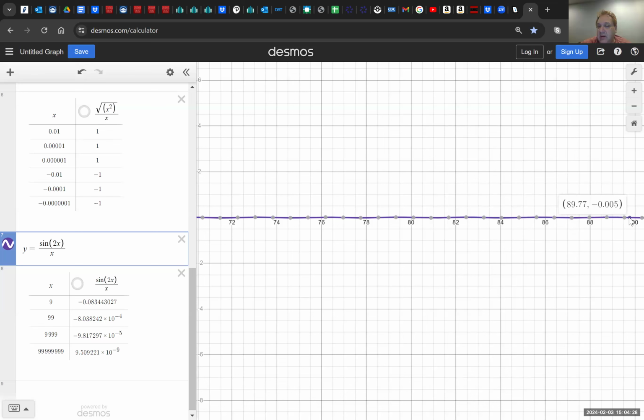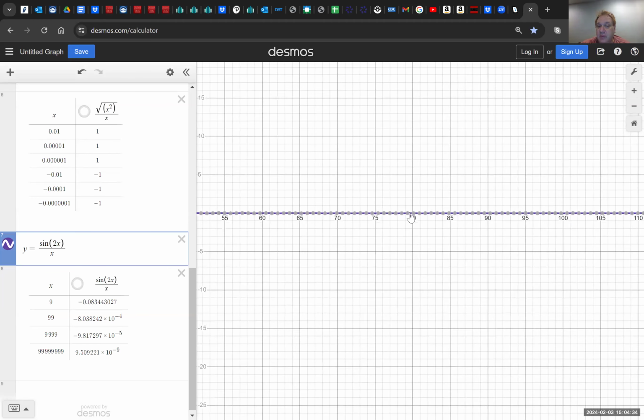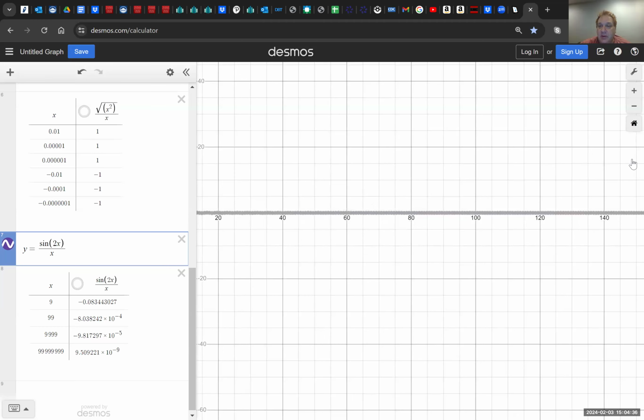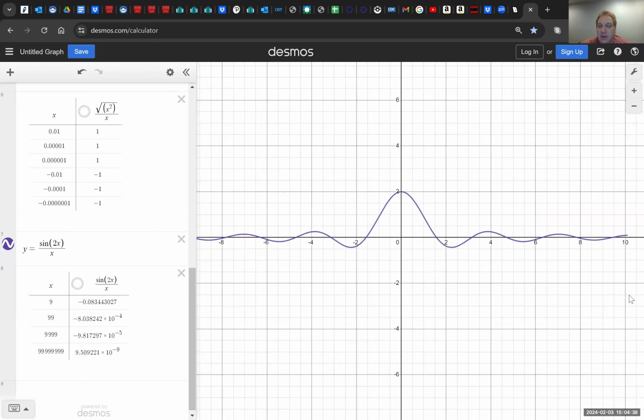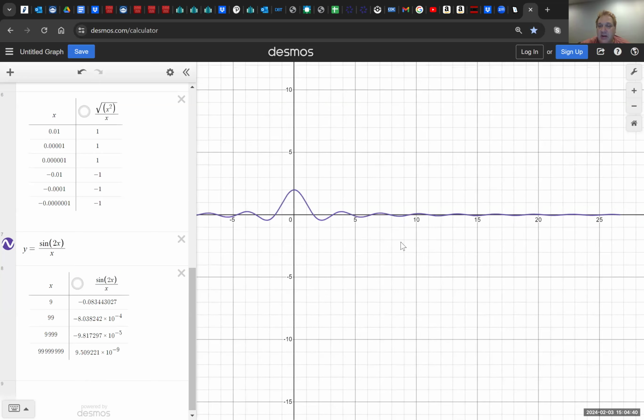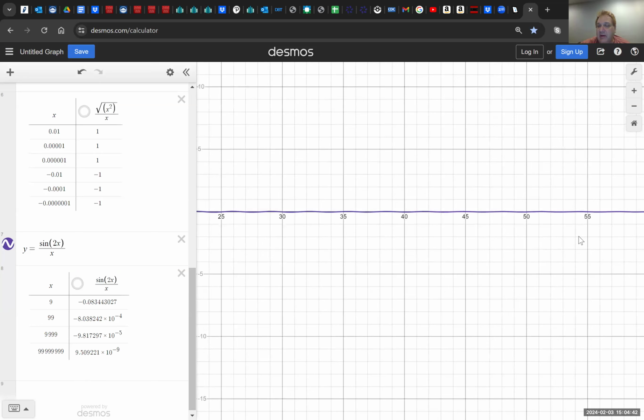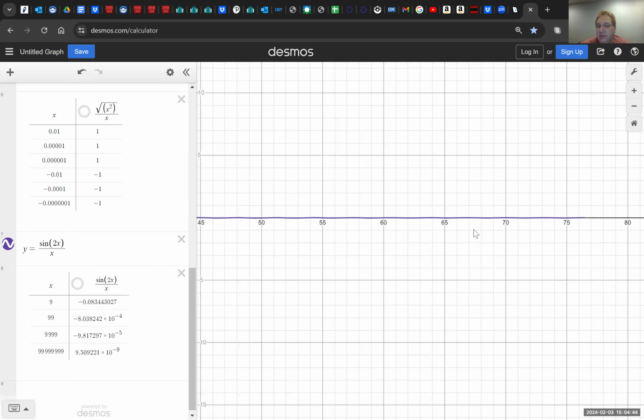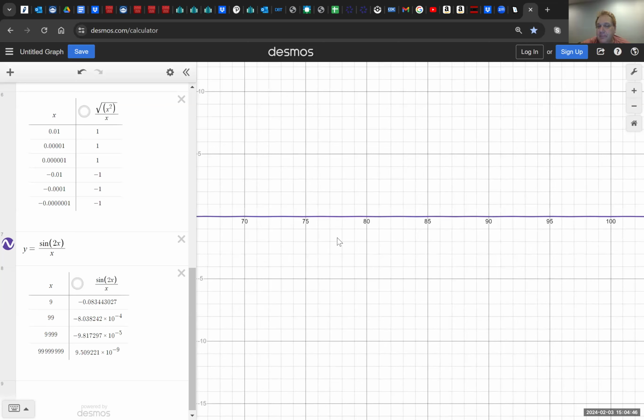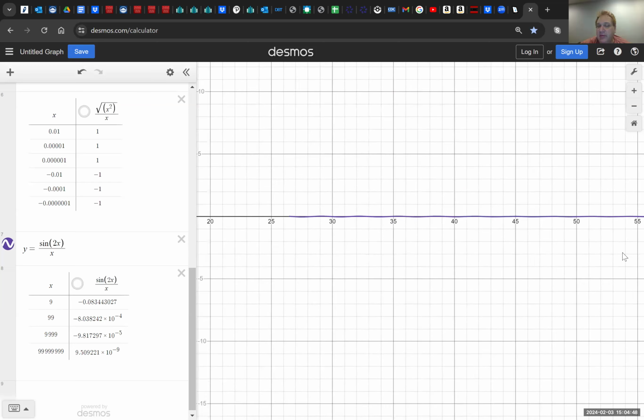It's getting closer and closer to zero, negative 0.007. We can see that a little bit if we scroll out, and you look to the right, and it just seems like the y values are getting closer and closer to zero. So that's using the table and using the graph.